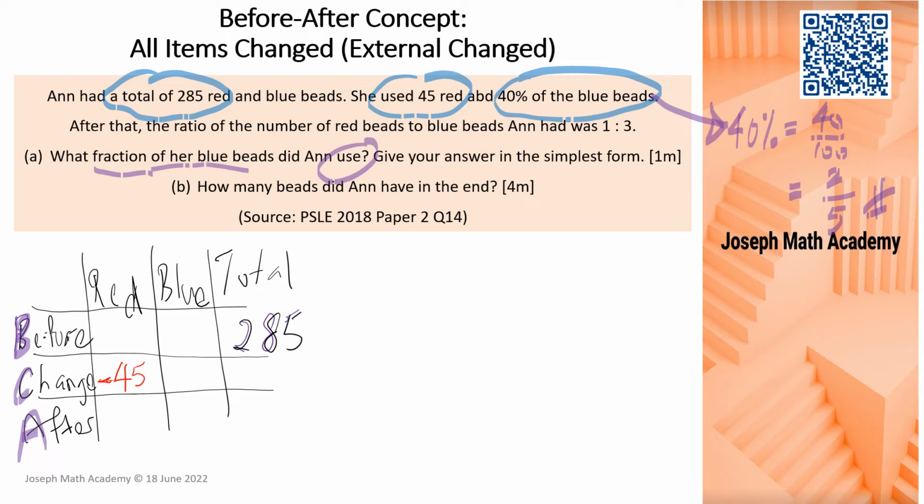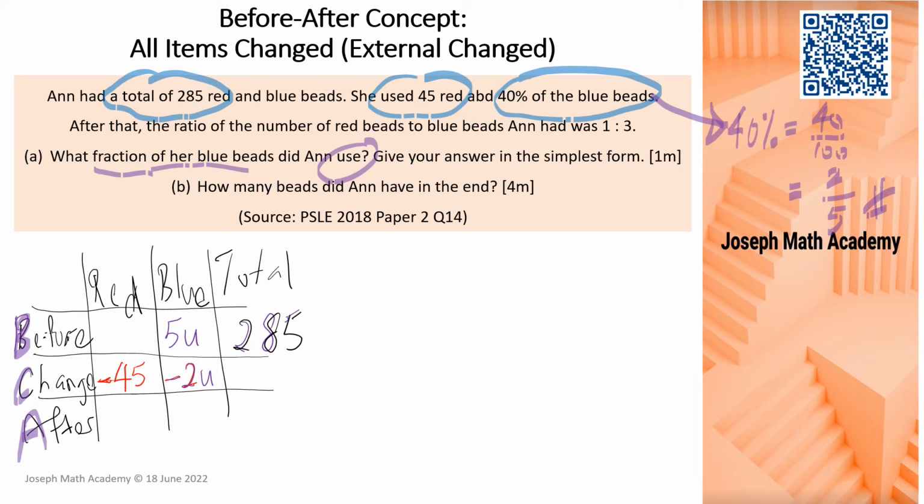Now 40%, as a fraction, is 2 out of 5. What does it mean? That means 2 units used, and there should be 5 units of blue at first. Let me explain the BCA table.